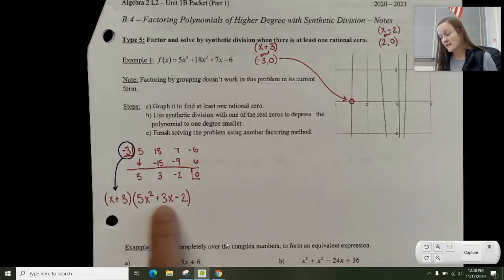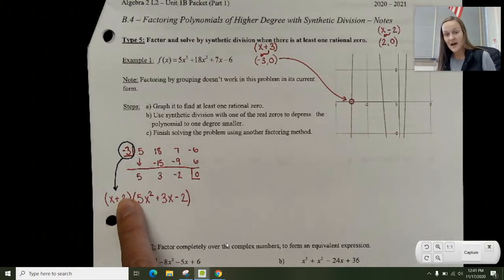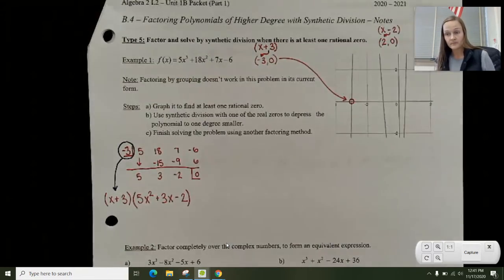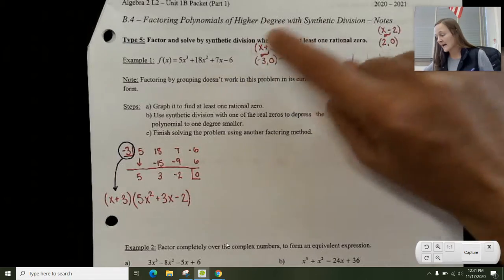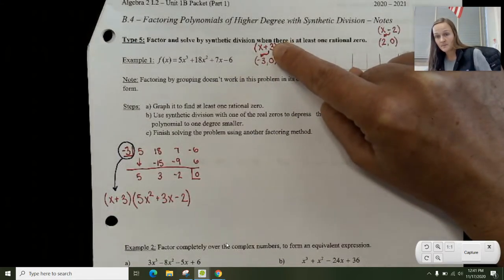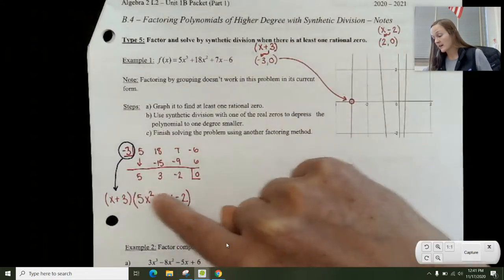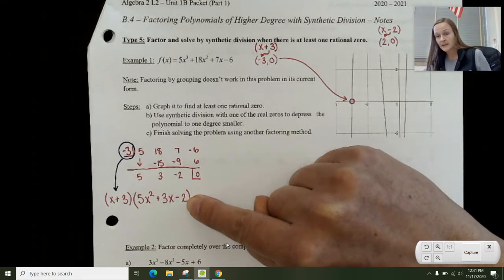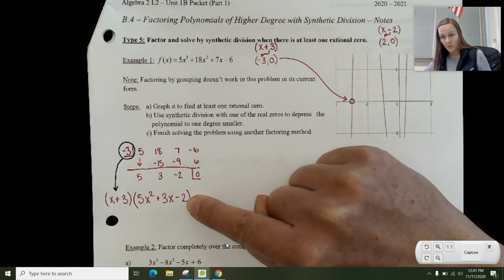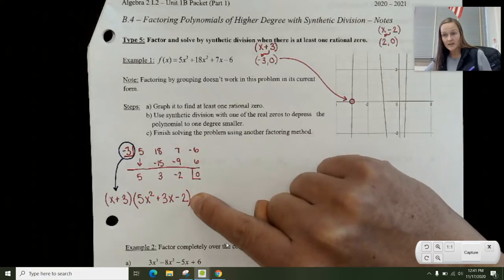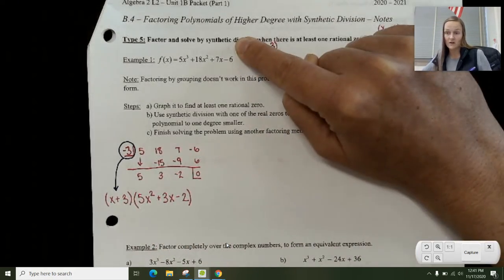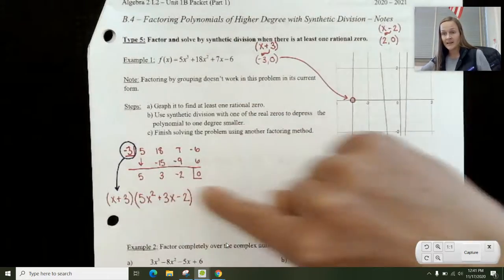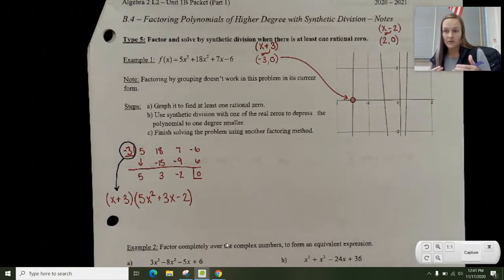So I know that these two multiplied together give me back the original. So just to say that in a different way, I took the original function, I divided by a factor of x plus 3, and I got a result of 5x squared plus 3x minus 2. Therefore, 5x squared plus 3x minus 2 times x plus 3 would get me back to the start. So this currently is like a midway point in your factoring right now.